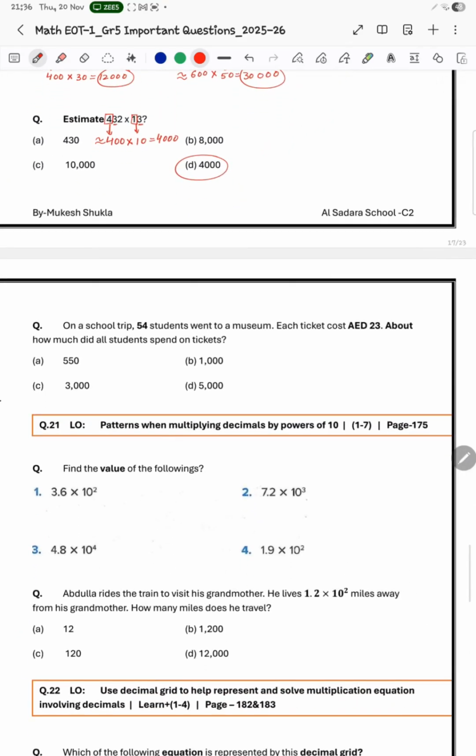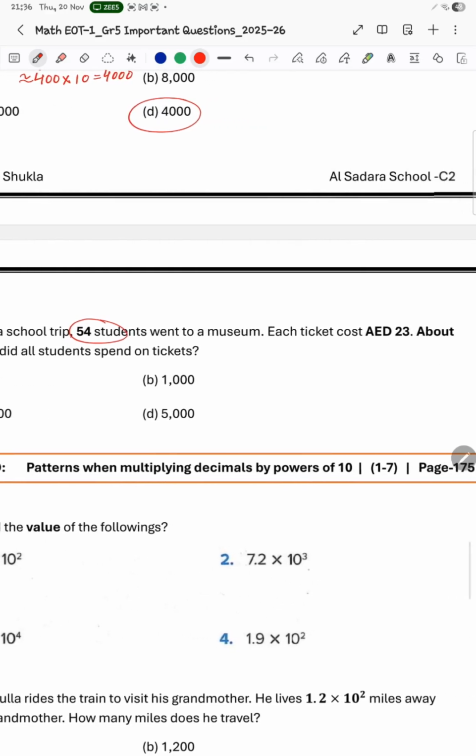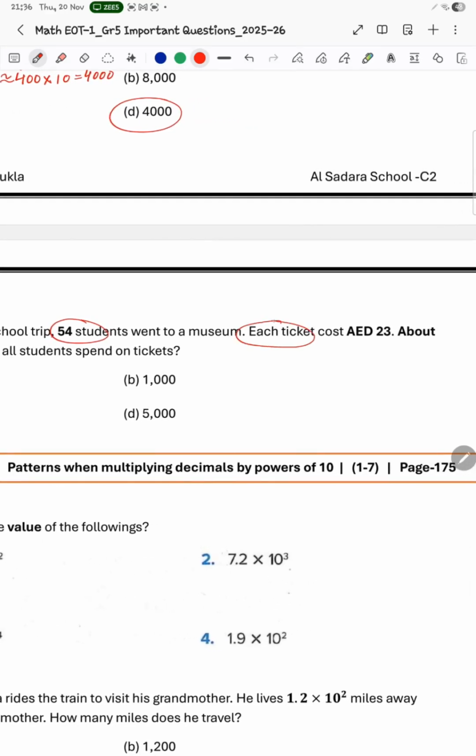There is a word problem on estimate. A school trip has 54 students to a museum, each ticket, each yani times, costs 23 dirham. About, see the keyword about. About is estimate.